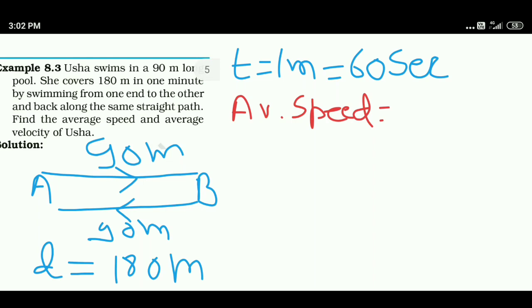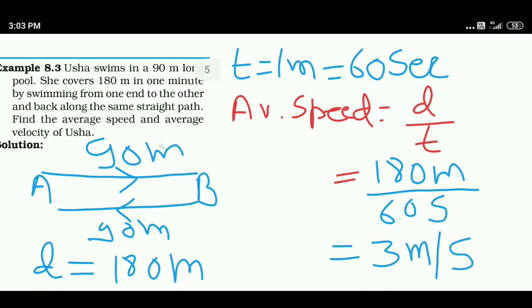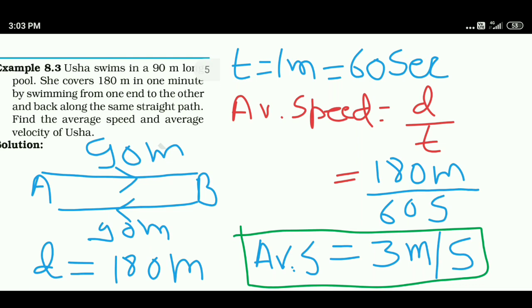Average speed will be equal to distance by time. Here only one distance is given, so no need to find the total. It will become 180 meters divided by 60 seconds. Now what is left? 3 meter per second. So the average speed this time is equal to 3 meter per second. Here is the answer.